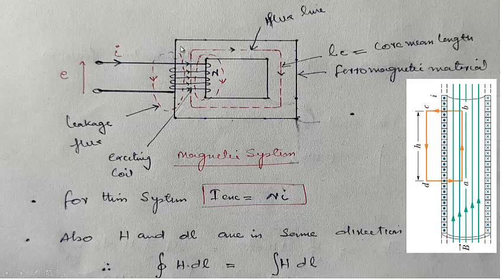We haven't enclosed all the current in the earlier case, but here we are enclosing all the coil in the Gaussian surface. So total current will be equal to N into I.